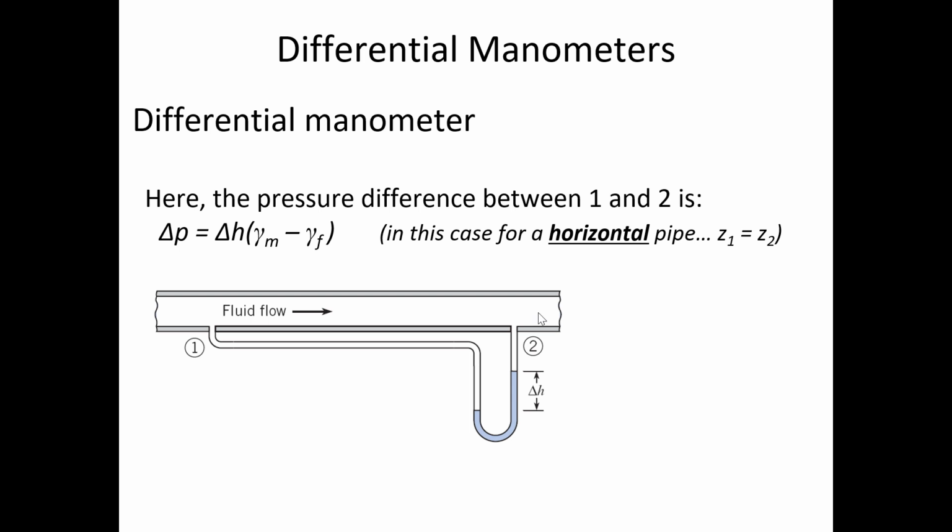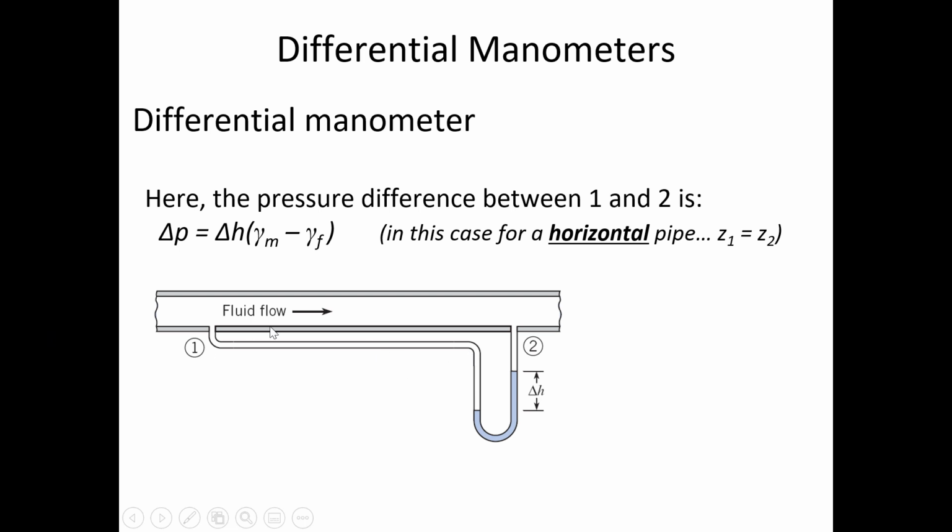But if it is horizontal, then you can calculate the change in pressure between location 1 and location 2. It's just delta H, the deflection, multiplied by the difference in unit weight between the manometer fluid and whatever fluid is flowing through the pipe and is the other thing in the tube.